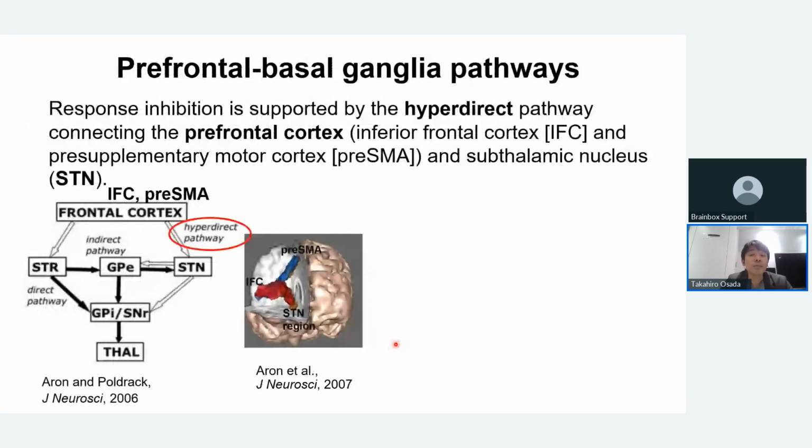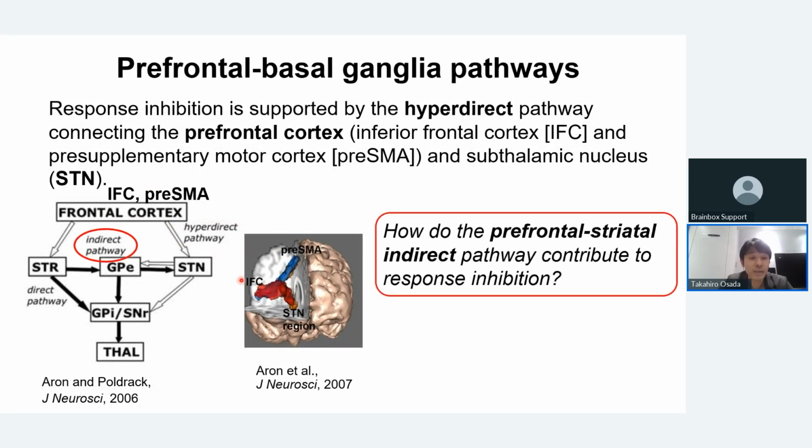Furthermore, response inhibition is known to be supported by the hyperdirect pathway connecting the prefrontal cortex and subthalamic nucleus. The striatum in the indirect pathway is also suggested to be involved in response inhibition. However, how the prefrontal-striatal indirect pathway contributes to response inhibition is poorly understood.